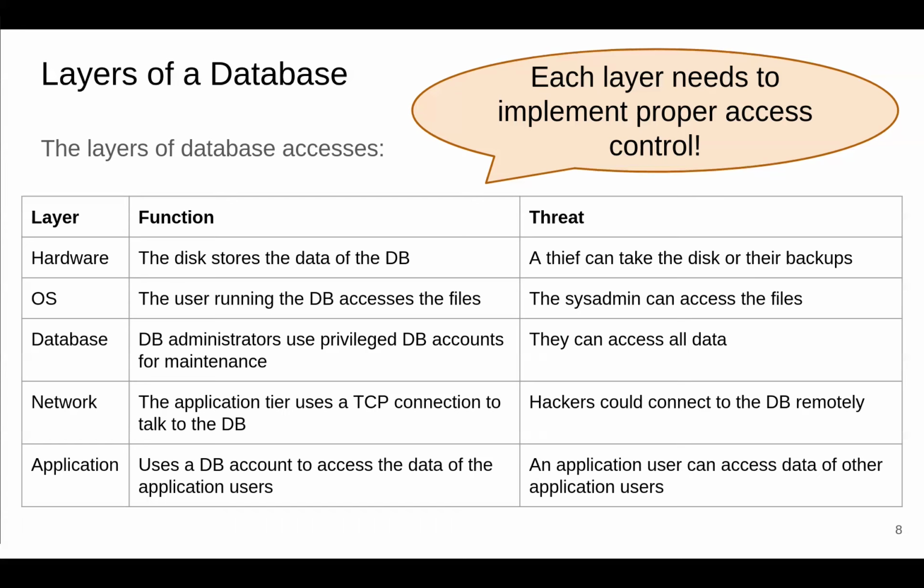If you log into an application and go through the stack, you're logging in as your user to access your data on, I don't know, Facebook or Instagram. You want to look at a couple of pictures. You log in, it goes through the network and connects to a database.